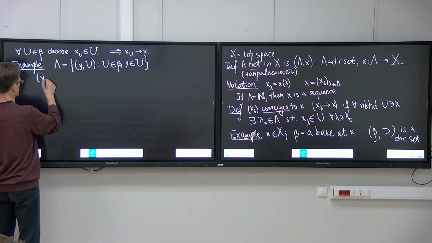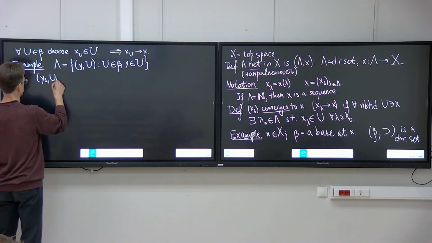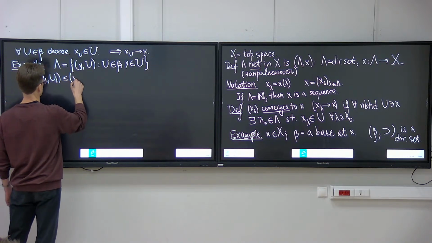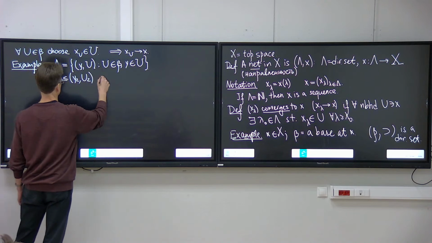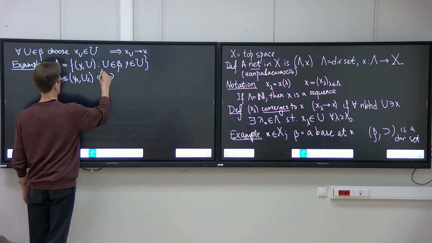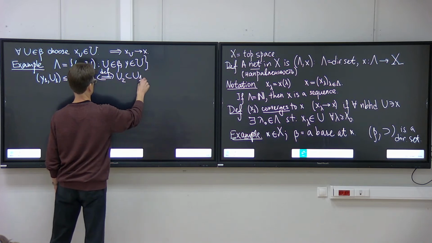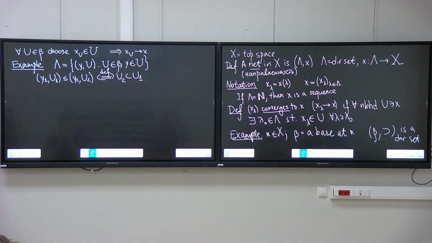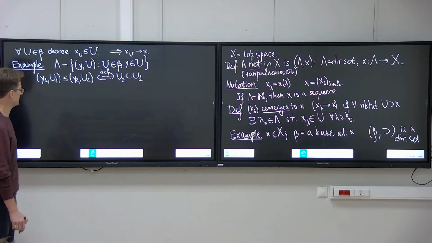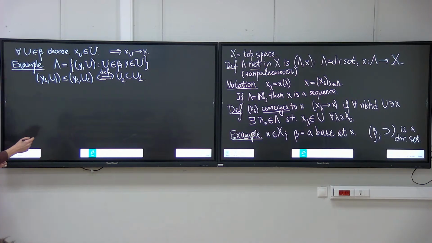We say that (y1, U1) is less than or equal to (y2, U2) by definition if U2 is contained in U1. This is a partially pre-ordered set, so this relation is not antisymmetric.